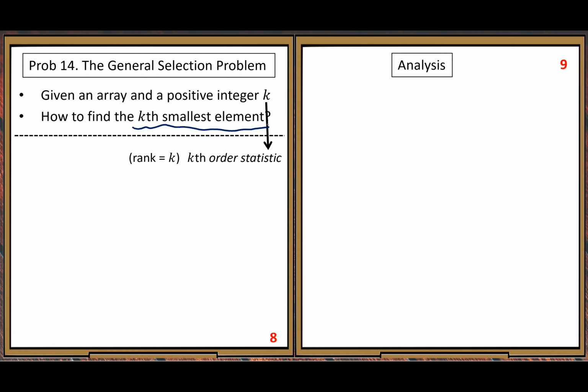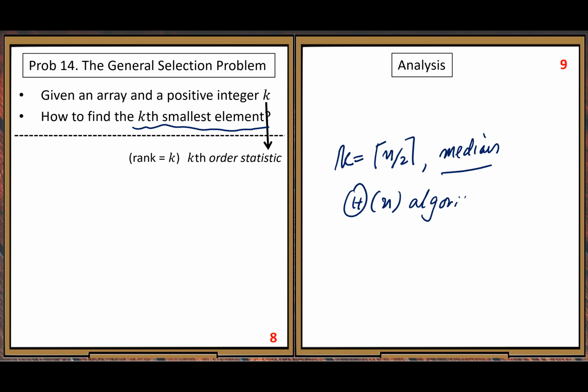But we consider the median when k equals n over 2. That's the median case. For the median case, there exists a big theta of n algorithm, a linear algorithm.